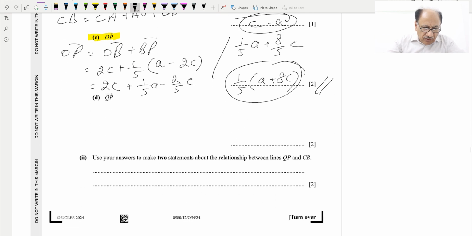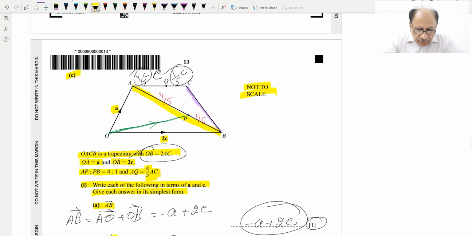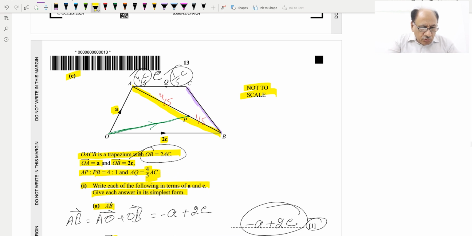Hopefully you got this. QP is also required. So QP is from where? If we draw QP, QP is this one, from Q to P. So we can take the route. QP is equal to QA plus AP.